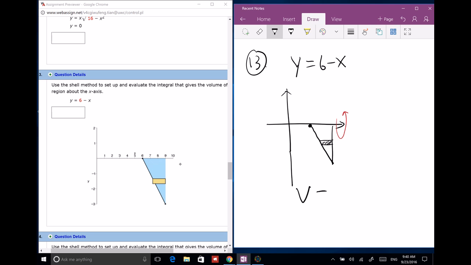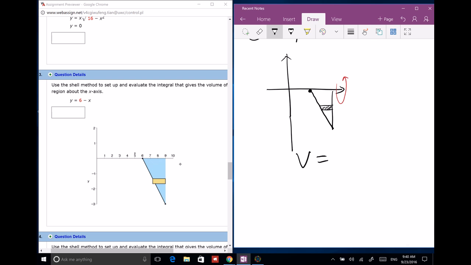So the shell method formula, can anyone tell me what the shell method formula is? Times the integral from a to b. Yep, pi y, you can do pi x or pi y, either one is okay.